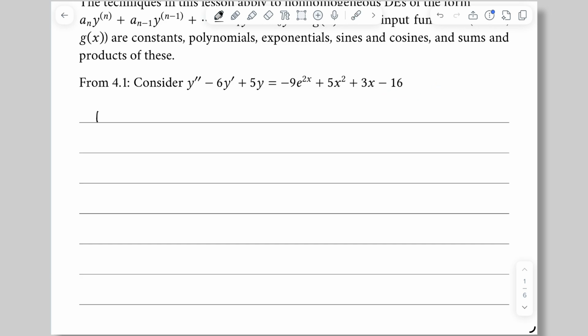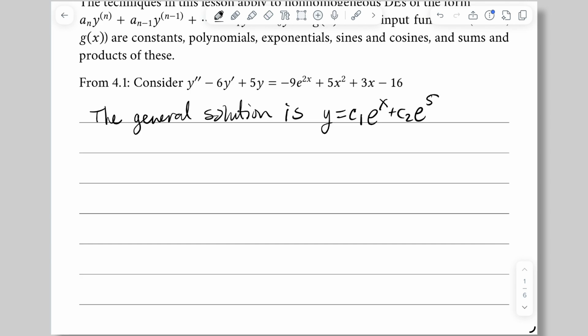We already saw its solution, and what we saw was that the general solution is y equals c1e to the x plus c2e to the 5x plus 3e to the 2x plus x squared plus 3x.